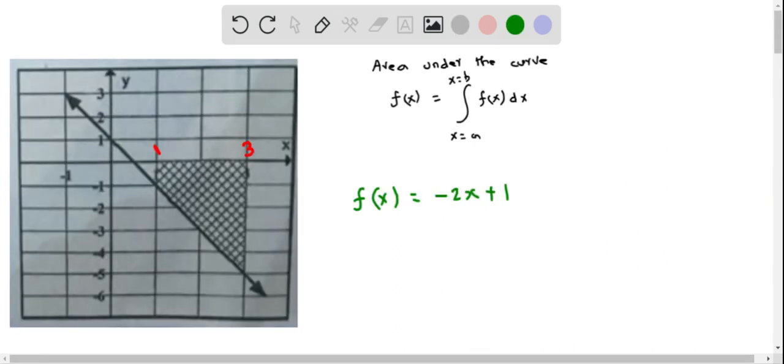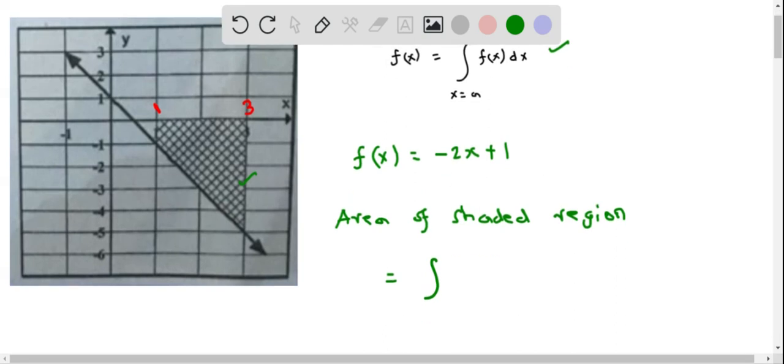We now find the area of this shaded region. So we write area of shaded region. This equals, we utilize this formula, that is integral from the lower bound of x, x equal to 1, and the upper bound of x equal to 3 here, and we replace f of x by negative 2x plus 1 dx.